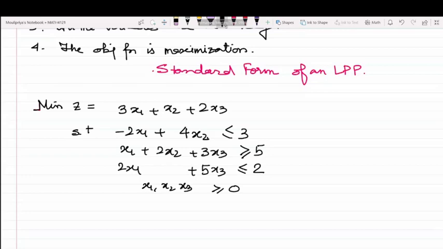What are we to do? You are told to recast the given LPP to its standard form.